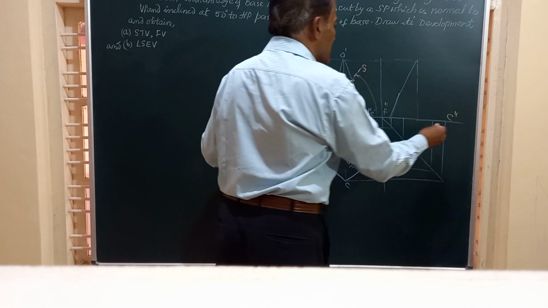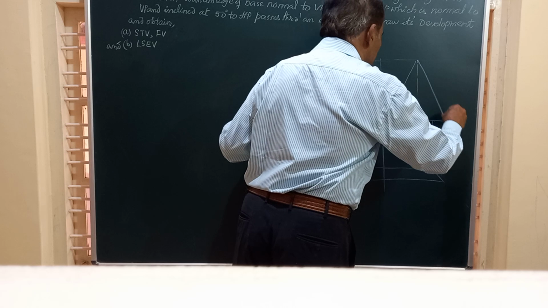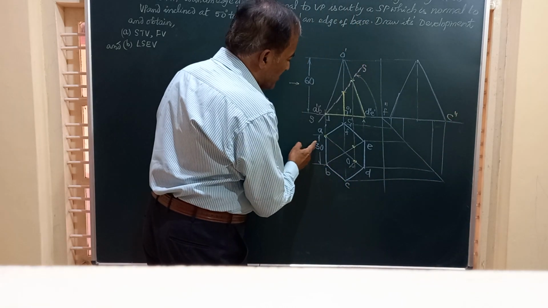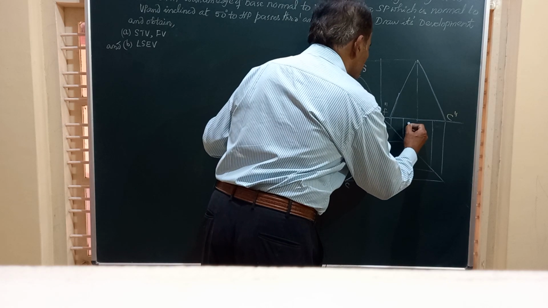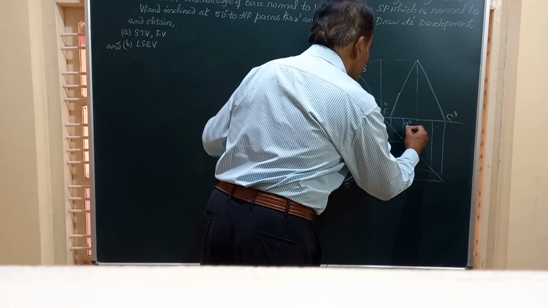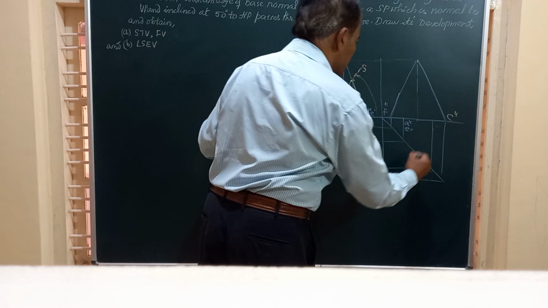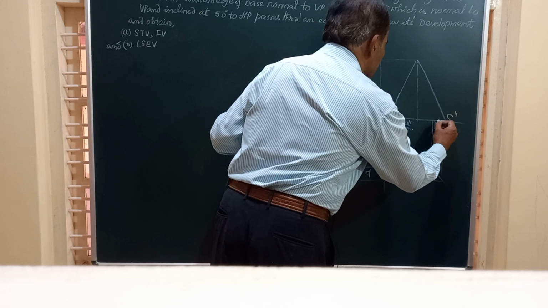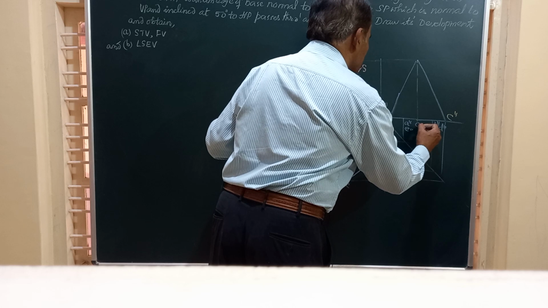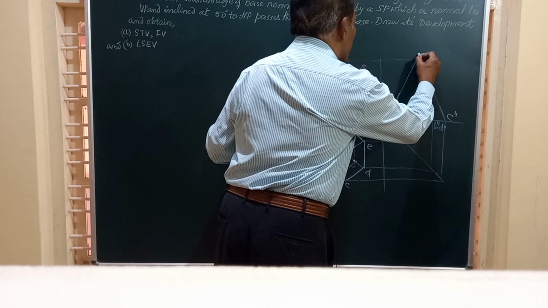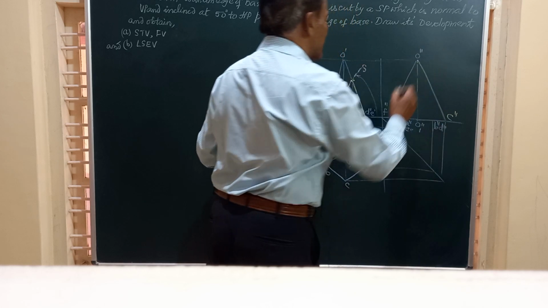This is one, this is the second line, and you have got AE and BD. AE is here, so you call them A double dash, E double dash. This is B and D, B double dash, D double dash. So that's how we obtain the left hand view of the solid.